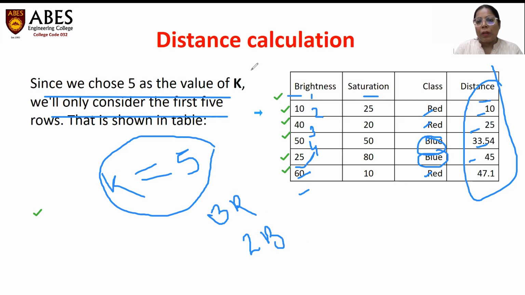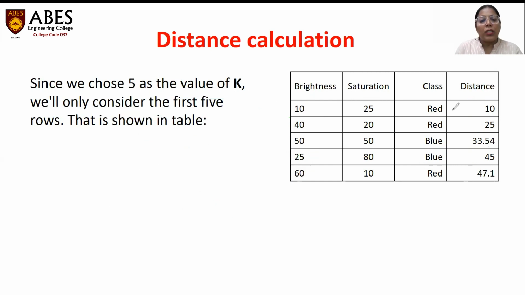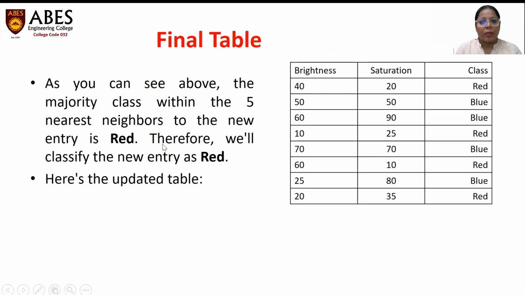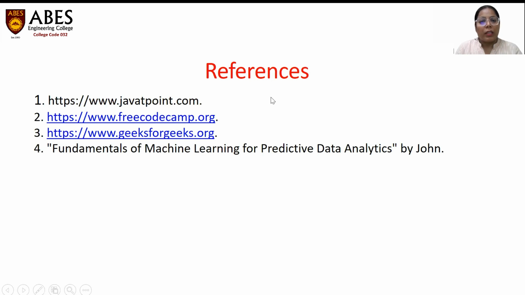So as you can see, the majority is red. The final value for the given data from which we started will be red. So we have predicted that the combination of the given data belongs to the red class. The new entry is classified as red. These are the references you can go through for more information.